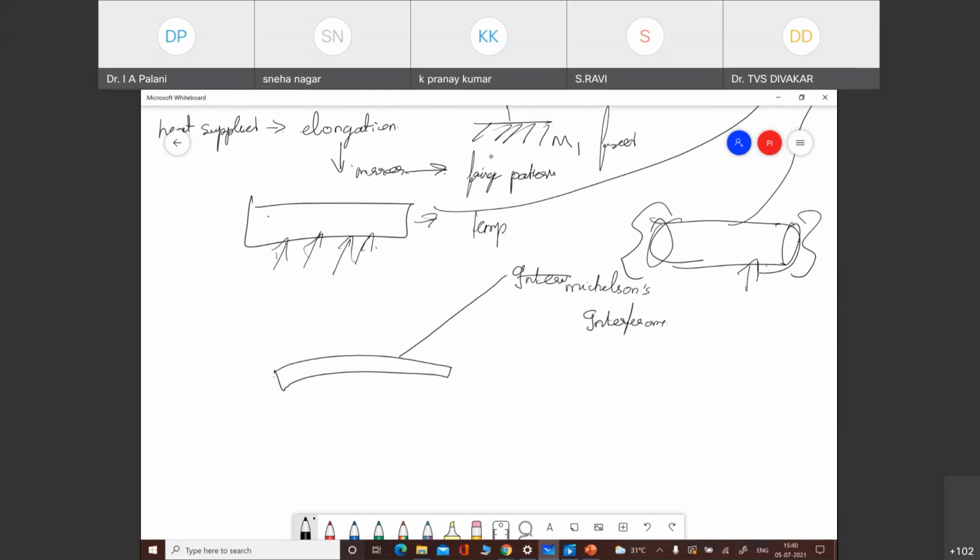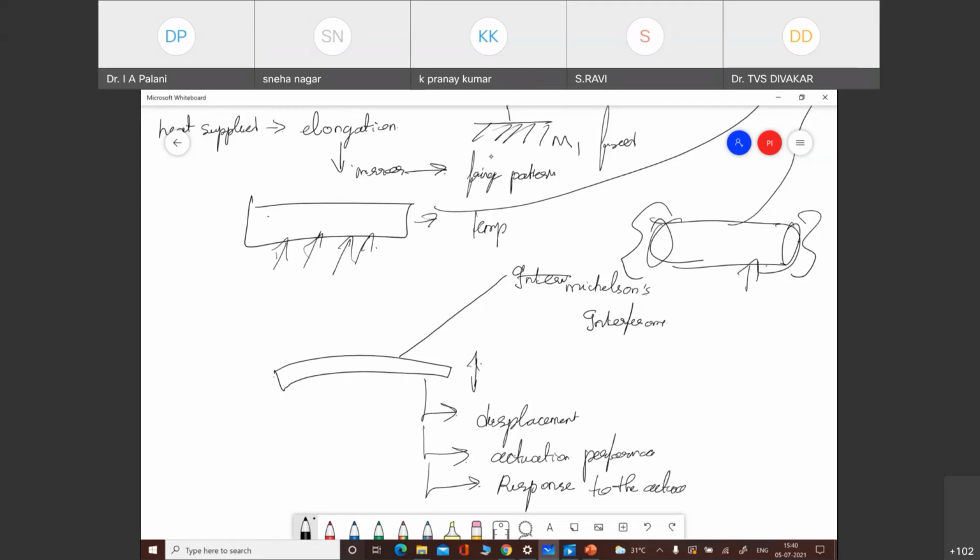By coupling it with the Michelson interferometer and actuating it, you can study the displacement, the actuation performance, and the response of the actuator. These are some of the characteristics which give me better clarity about a Michelson interferometer.